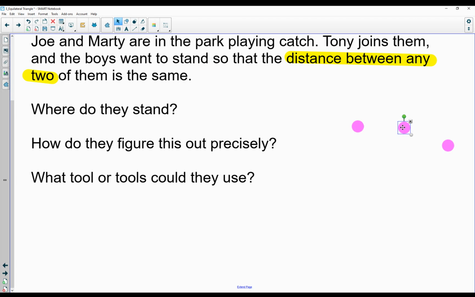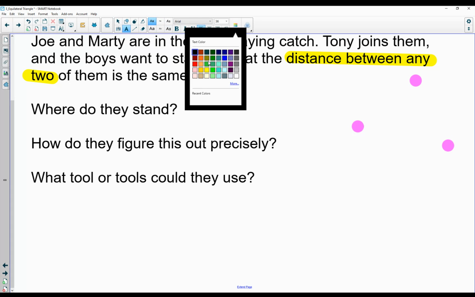But then you ask, is the distance between Joe and Marty the same as it was between Marty and Tony and Joe and Tony? And the answer right now is no. So I have to take this dot and put it over here, and now it looks like the distance from here to here is about the same, here to here is the same, and here to here is the same. So how do they have to stand? What did we just form? They actually have to stand in not just a triangle, because any triangle won't work. We call this an equilateral triangle.